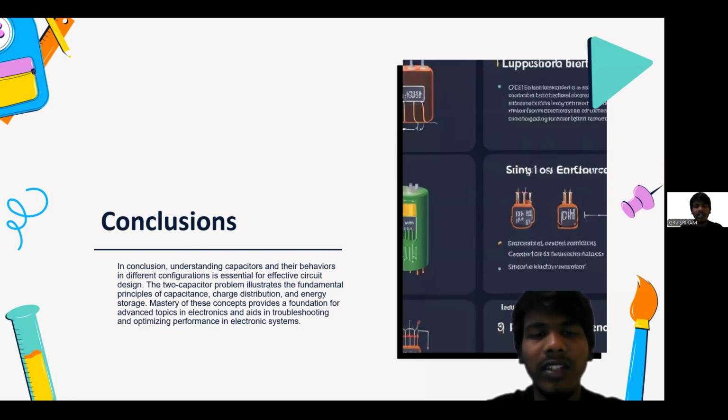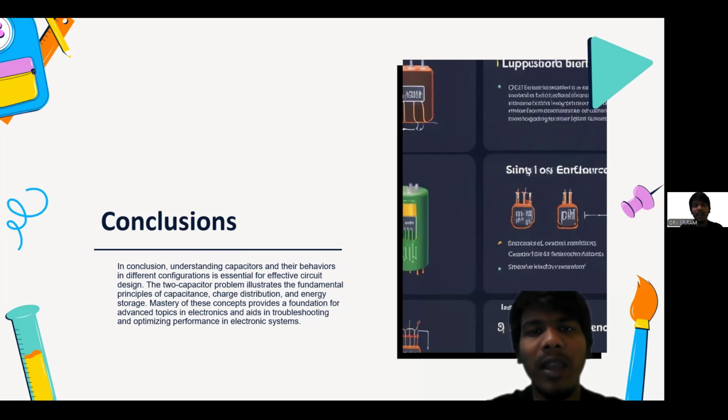Energy storage. Capacitors store electrical energy in an electric field, releasing it when needed. This makes them essential in power supply circuits for smoothing voltage fluctuations.